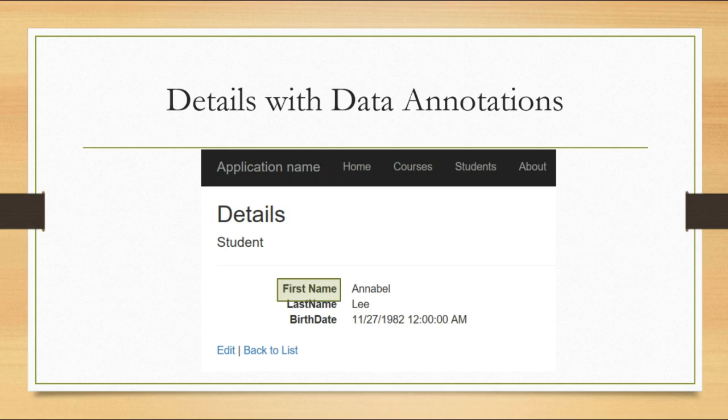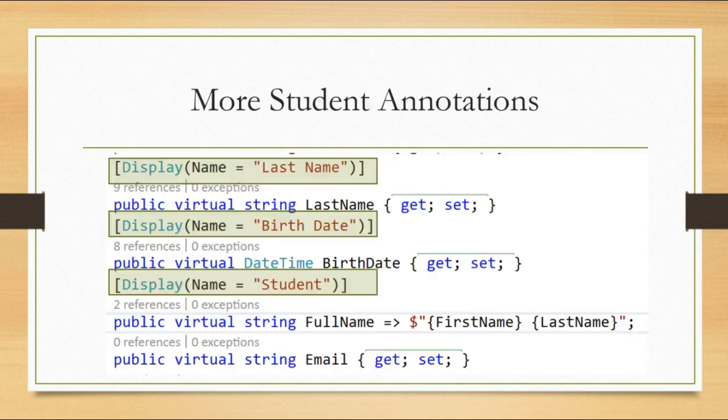Let's add the ones for last name and birth date. We got the display attribute for the last name property, birth space date for birth date, and I added this where you weren't looking, I added a full name property, which is the concatenation of first name, last name, so let's call that student.